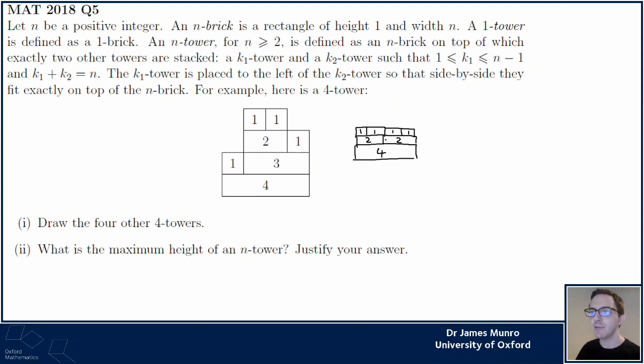And then I realised that you can have them the other way round. There's some symmetry going on, I suppose. Those count as different 4 towers. So we could have 4 and then stack on top of it 3 and 1 that way round. That's a different 4 tower. That took me a while to spot.